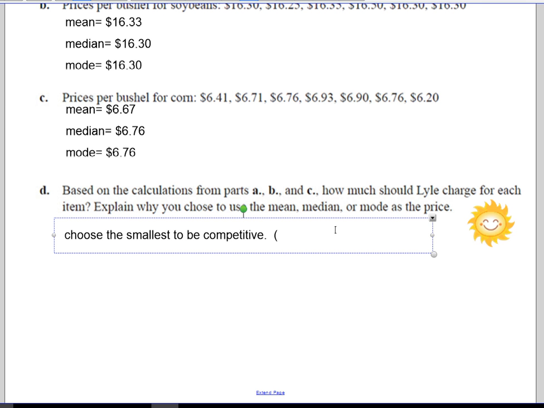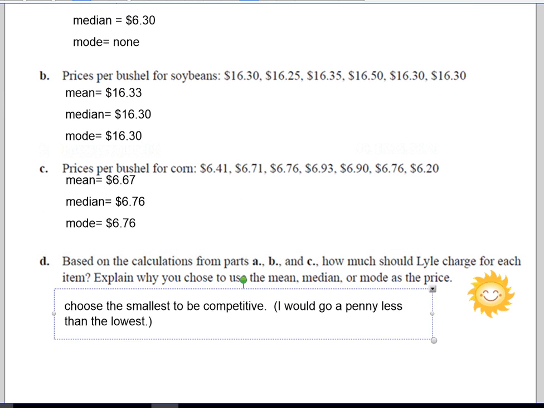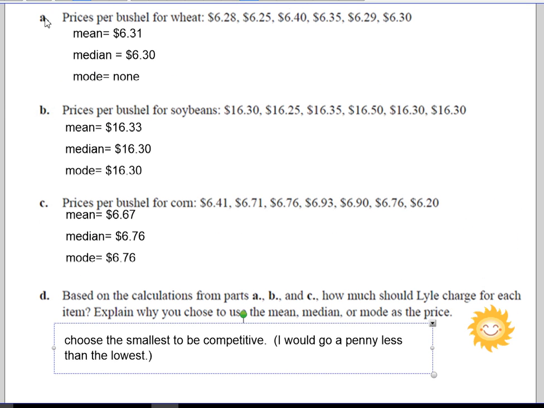And actually, if it was me, I would go a penny less than the lowest, because I definitely want business. And so, for example, out of the 3 numbers for corn, I would take the 6.67 and go lower and make it $6.66.